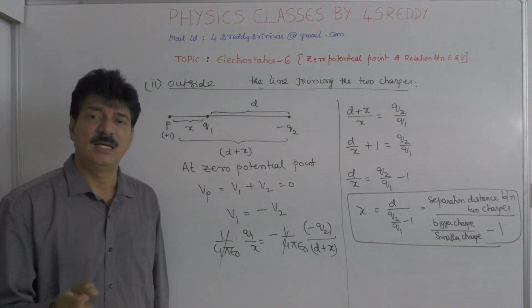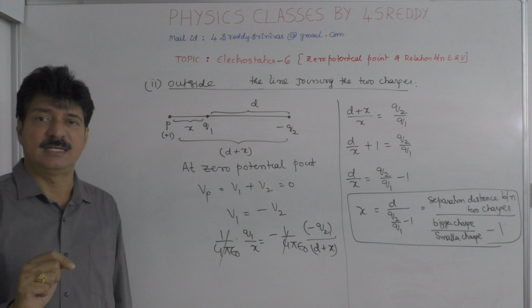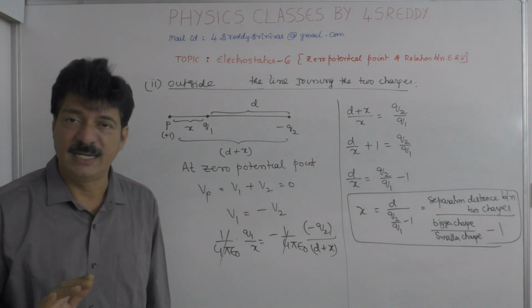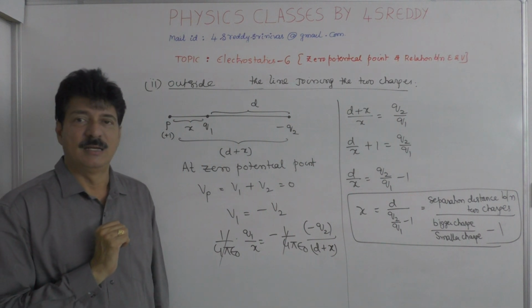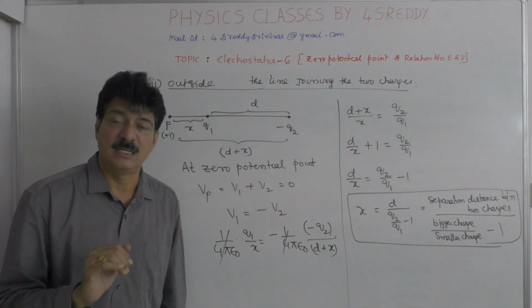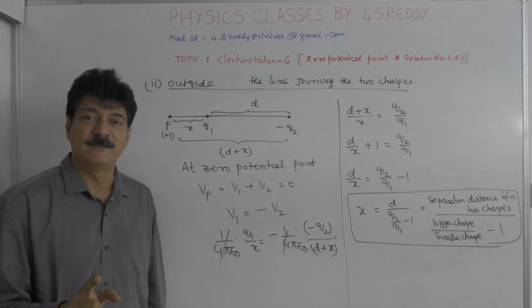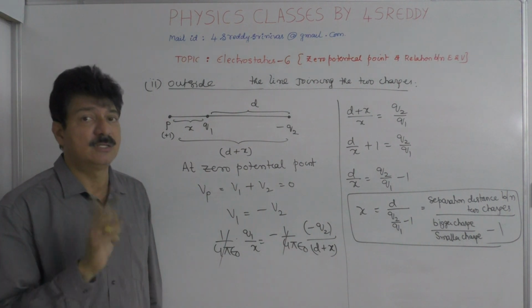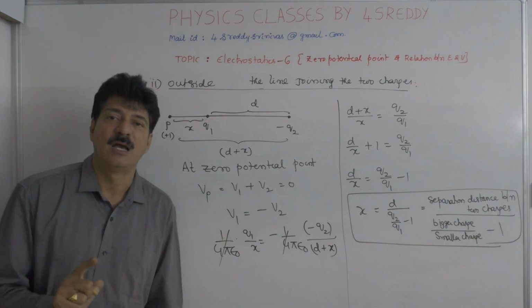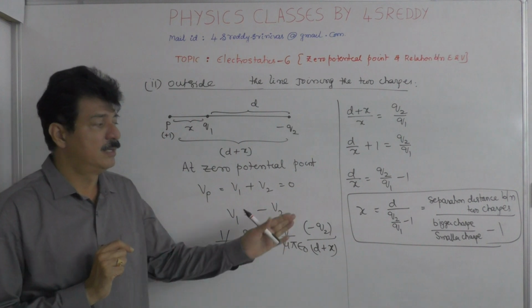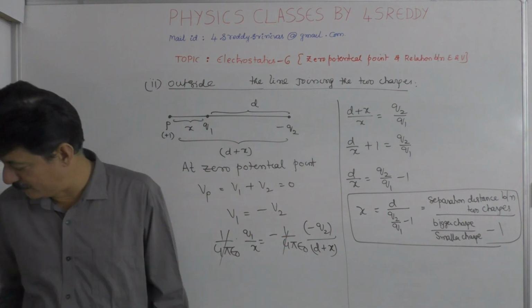But whereas zero potential point, for like charges, zero potential point cannot exist. But for unlike charges, the zero potential point can exist at two points. One is in between the line joining the two charges, and another one is outside the line joining the two charges. And how to calculate that we are given.